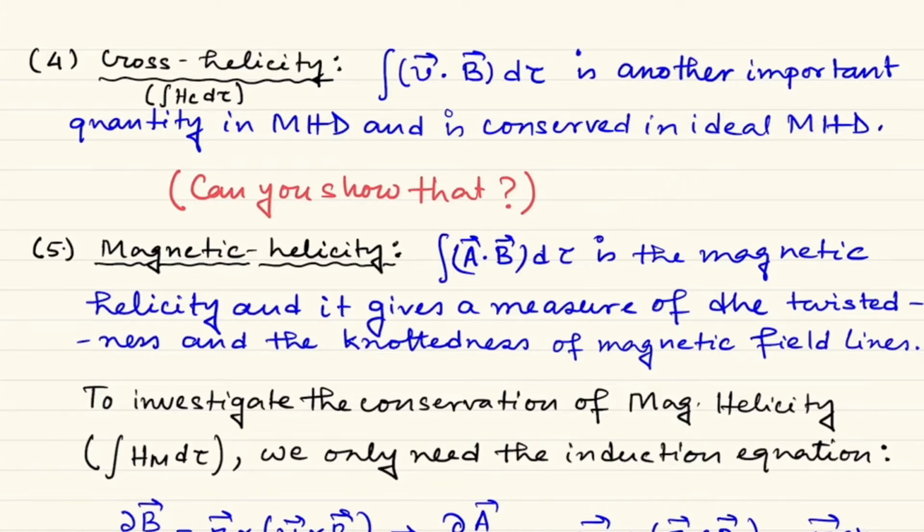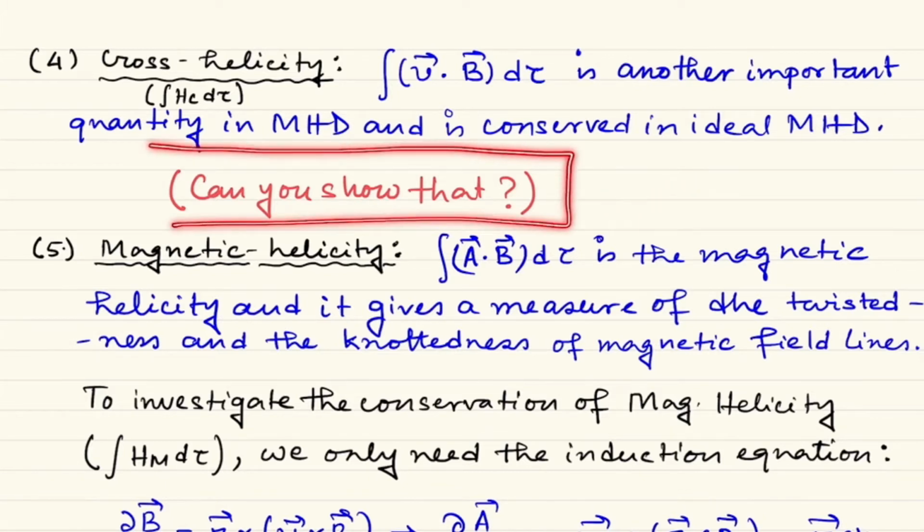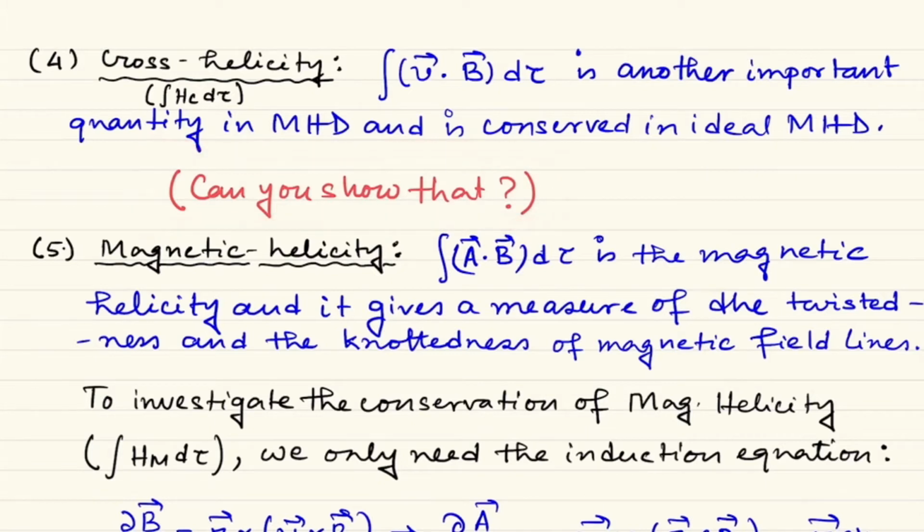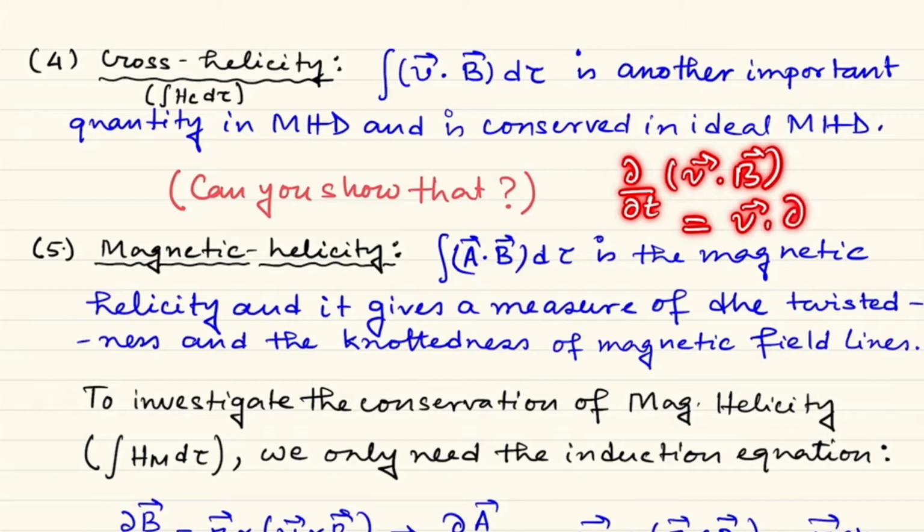Now my question to you is, can you show that? In the last lecture I showed you very carefully, step by step, how to derive the energy conservation equation. So, as you can easily understand, to show Cross-Helicity conservation, you have to start with the equations like this: d/dt of V dot B, and then you will have two terms, V dot dB/dt plus B dot dV/dt, correct?